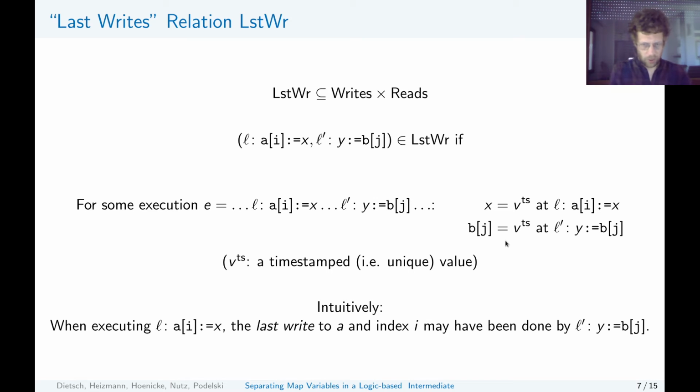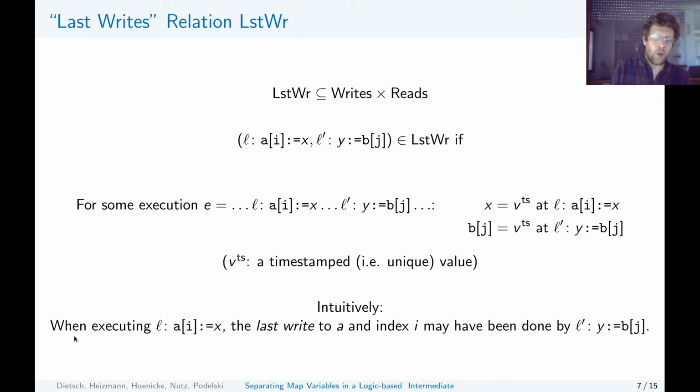And so essentially this definition means that when we visit our read statement at L, oh, I'm sorry, this has been exchanged. So this is the write statement. So this should be here on the side.